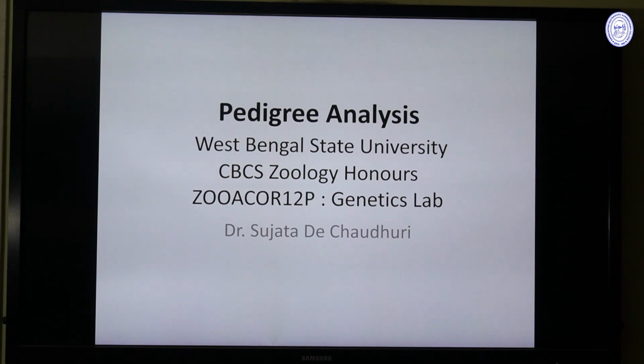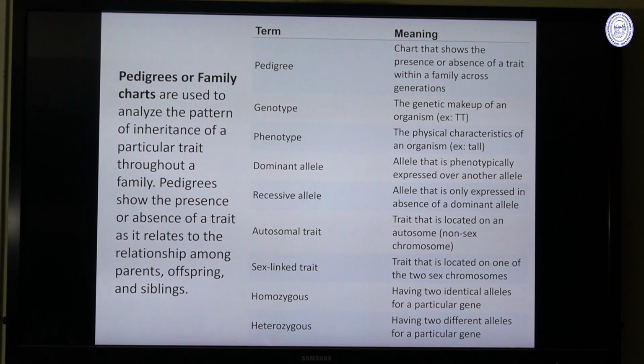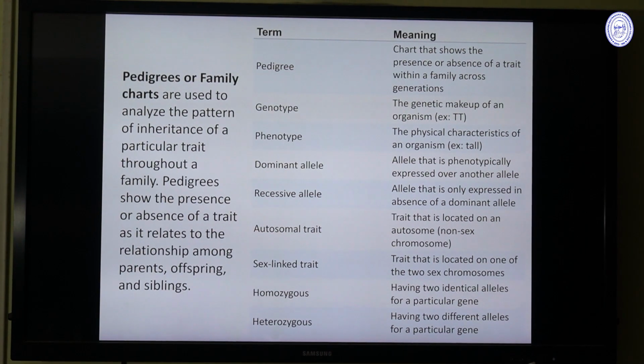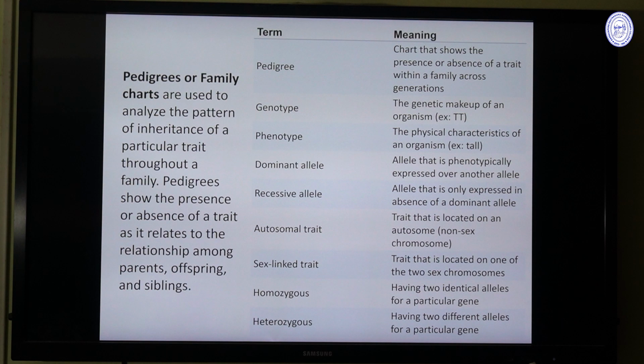So, first of all, we should know what is a pedigree. Pedigree is basically a family tree or family chart that is used to analyze the pattern of inheritance of a particular trait through generations in a family.